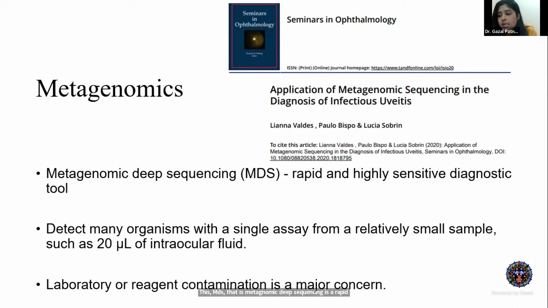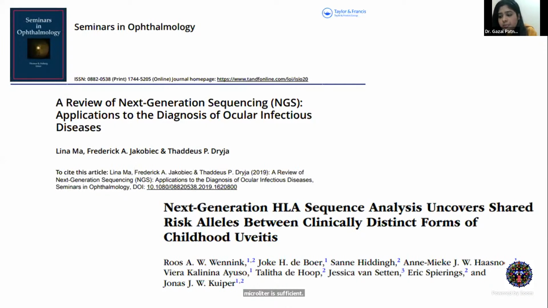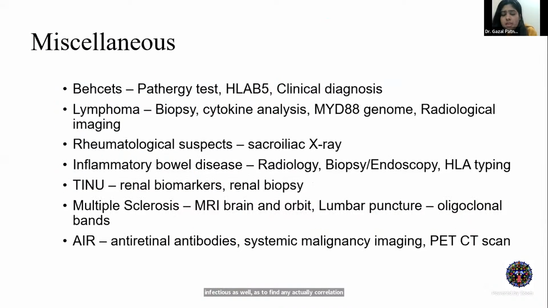It can detect organisms with a single assay, and around 20 microliters is sufficient, but again contamination is a major issue here. Next-gen sequencing has been gradually evaluated both for infectious causes as well as to find any HLA correlation, especially in pediatric uveitis.